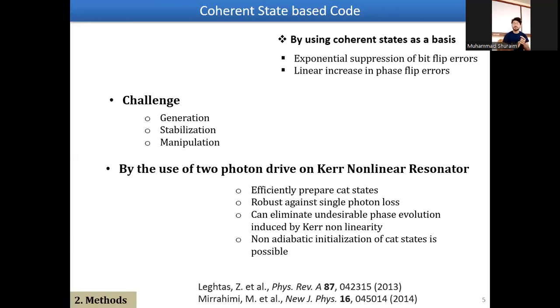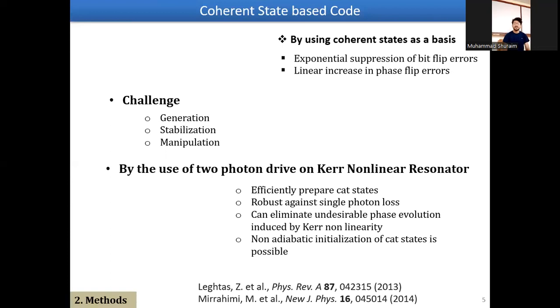And there is a method, quantum transitionless driving, through which we can non-adiabatically initialize those Kerr coherent states. There are also two methods presented by Lichtas and Berhami, with links given at the bottom of the slide, through which we can create those Kerr states.